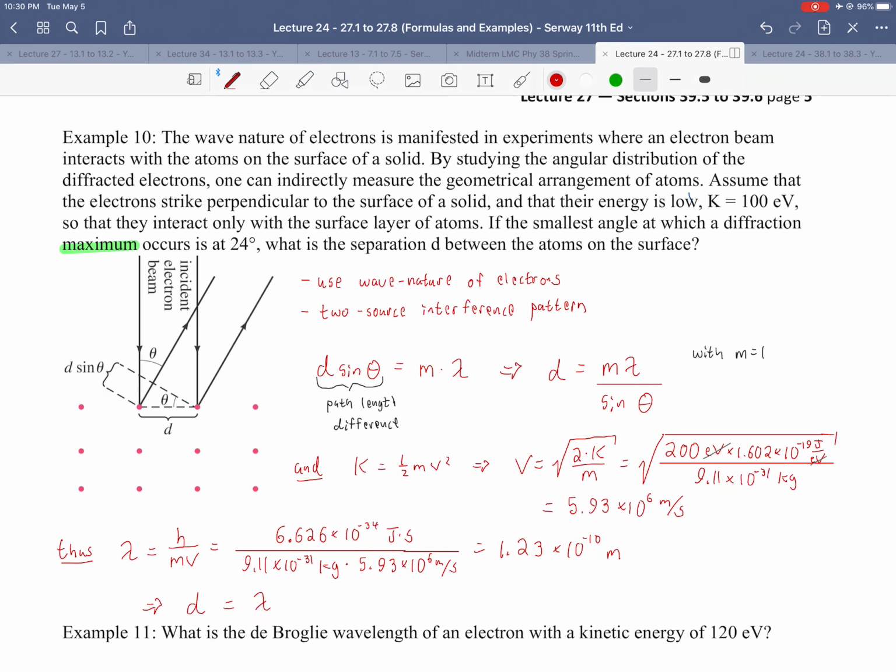So it'll just be 1.23 times 10 to the negative 10 meters divided by sine of 24. And this would be measured by some sort of detection screen, I imagine. 3.01 times 10 to the negative 10 meters is our final spacing.